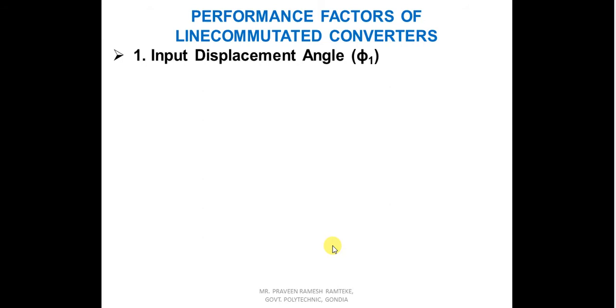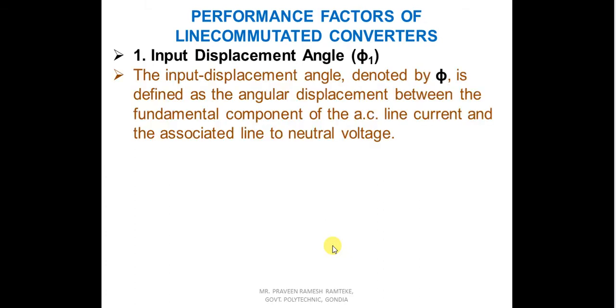First performance factor is the input displacement angle phi 1. The input displacement angle, denoted by phi, is defined as the angular displacement between the fundamental component of the AC line current and the associated line to neutral voltage. So what does it mean?